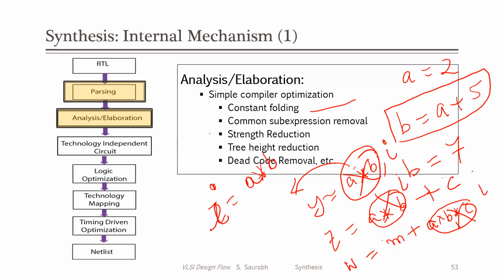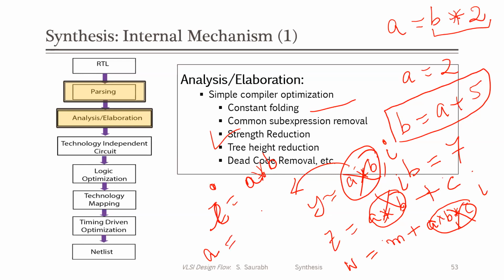Then there can be an optimization, for example, strength reduction. In strength reduction, suppose you have written A is equal to B star 2, right? Now here you have used a multiplier, but a multiplier is a costly resource. So instead of using a multiplier, the tool can say that it is multiplication just by 2.